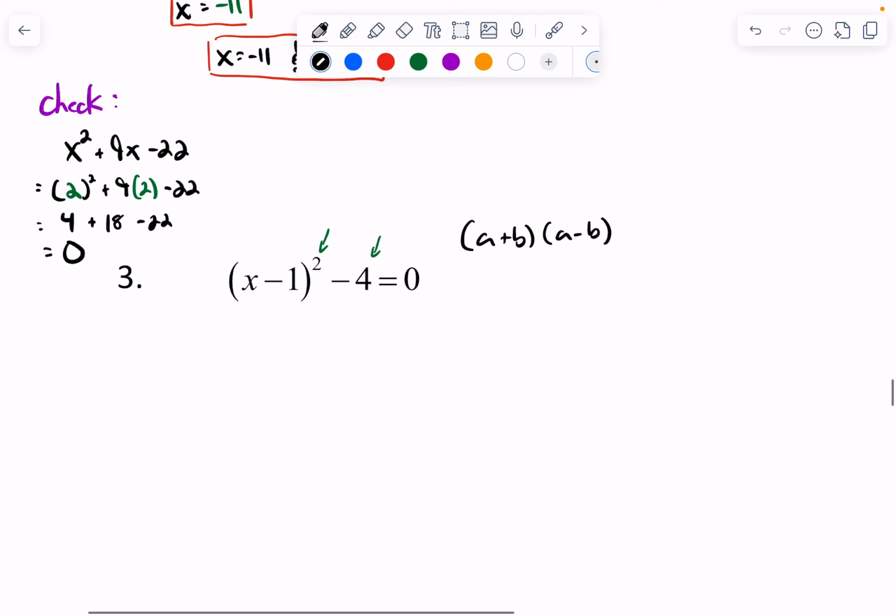So the first bracket, the square root of x minus 1 squared is just x minus 1. The square root of 4 is 2. So we will substitute this answer and this answer into our formula here.